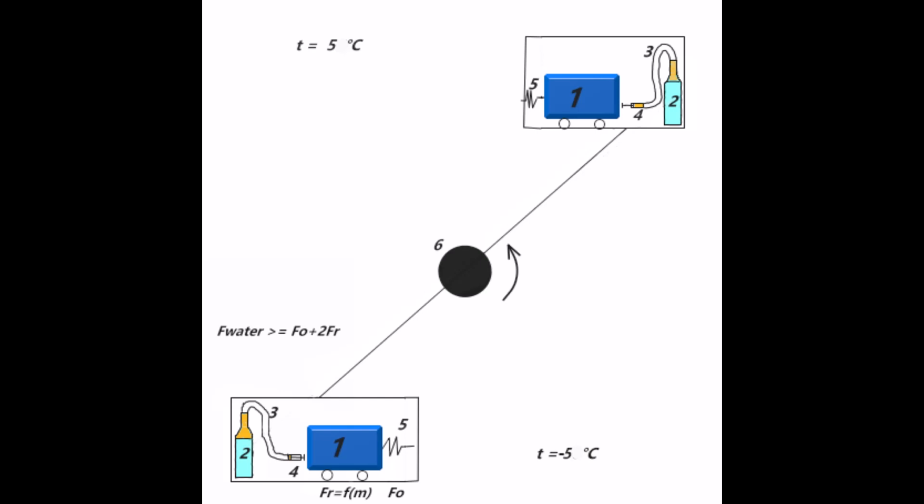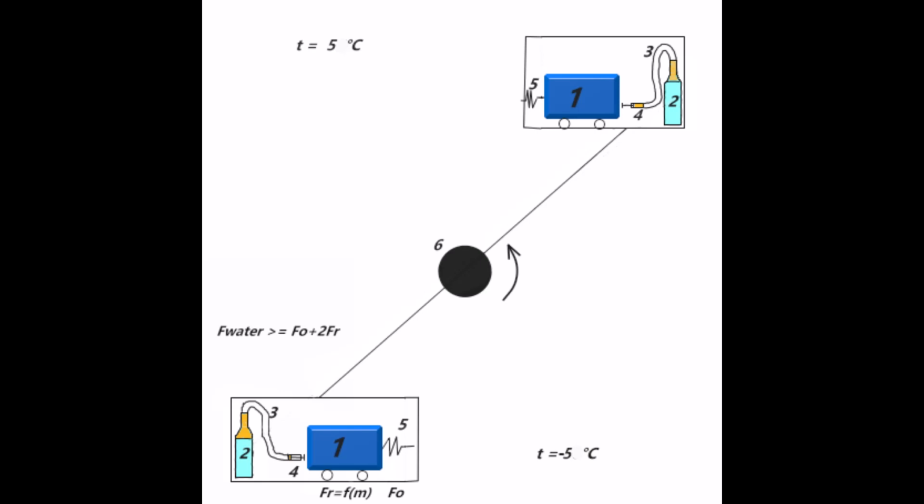When the water in the right bottle freezes, the oil pushes the carriage with the margin, and the whole force should contain rolling friction force Fr, and the piston friction force in syringe F0, and one more rolling friction force Fr.